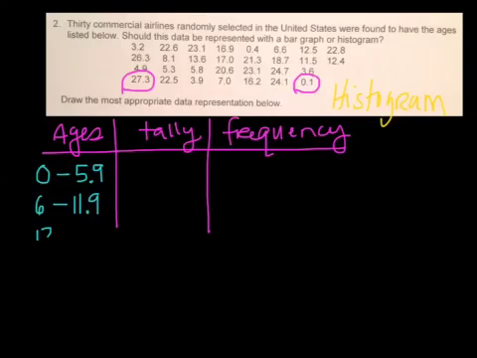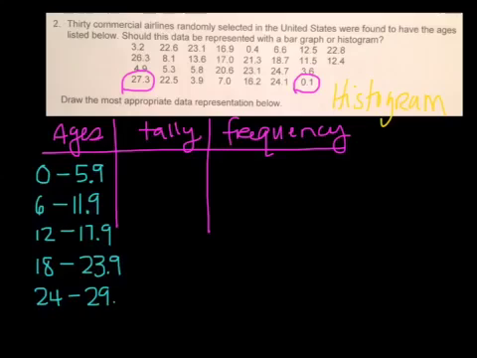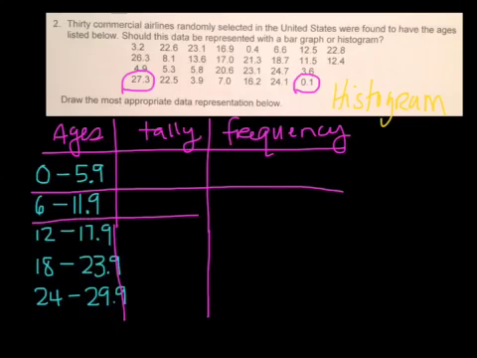And then 12 up to 17.9. And then 18 up to 23.9, and then our last category would be 24 up to 29.9. So we have our 5 categories or our 5 intervals, which should work pretty well.